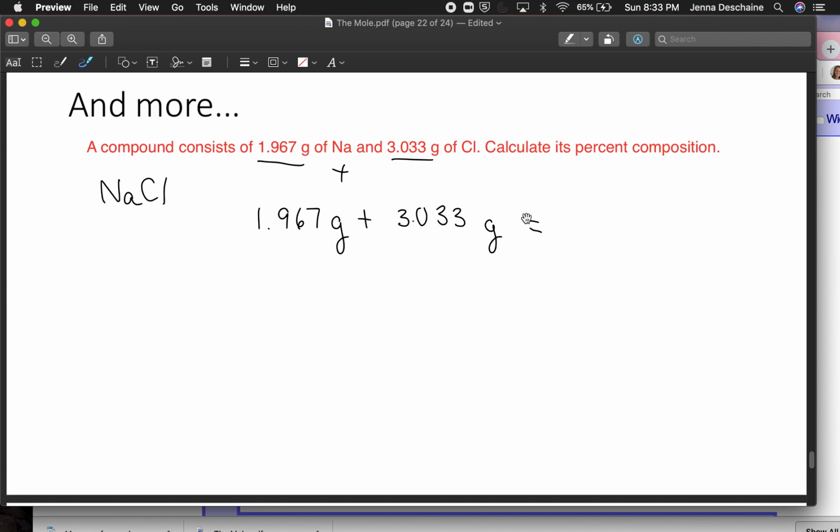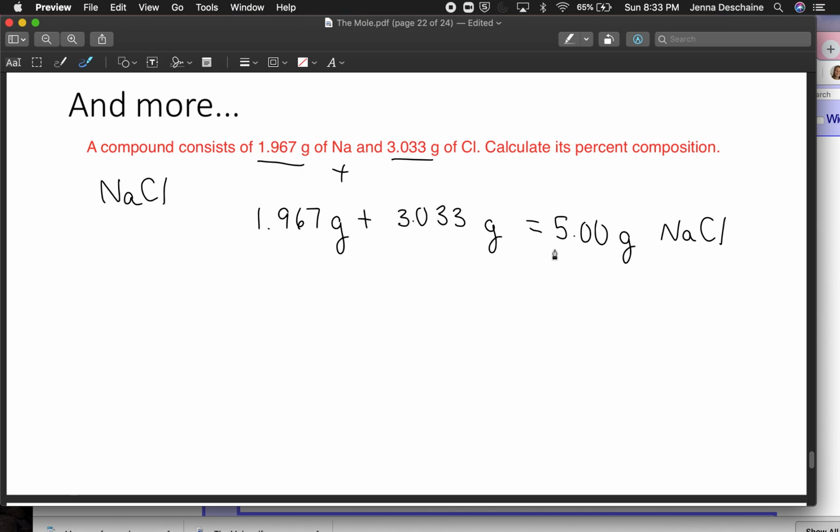So 1.967 plus 3.033 is 5. This is 5.00 grams of sodium chloride, or salt.